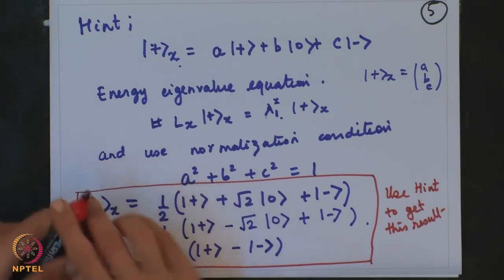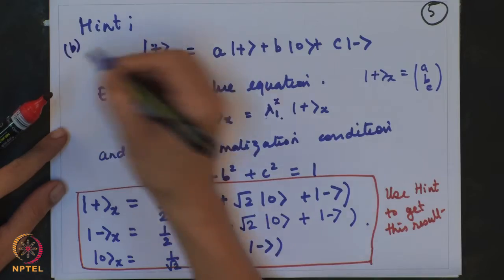This was part B of this problem, and in the last part, if the particle is in an Lz state, which is Lz equal to 1, and Lx is measured in that state, what are the probabilities? Again, you should know what these kets plus, minus and 0 are in the x basis.